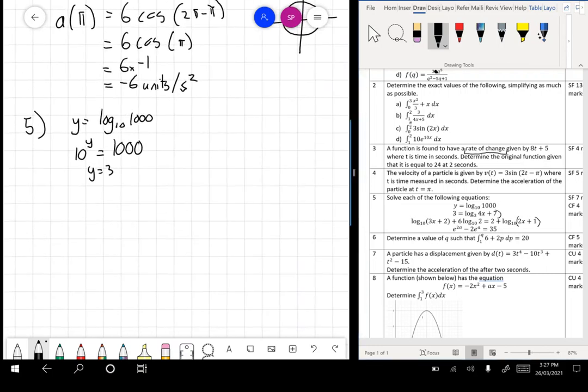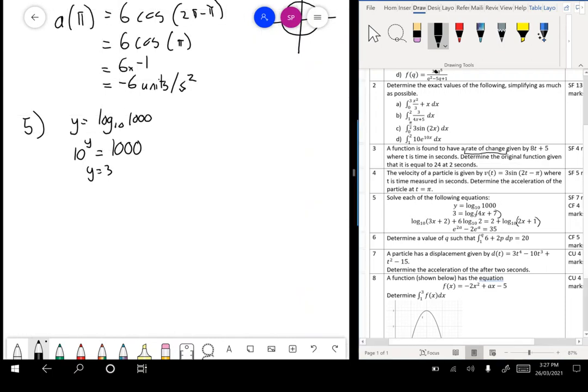Okay, let's do B. Yeah, so sorry, as I was saying, I should have had those in brackets, just to make it really clear that 4x plus 7 is the subject of the log. So for B, we have 3 equals log 3, 4x plus 7. So all we've got to do there, once again, is rearrange it out of log form.